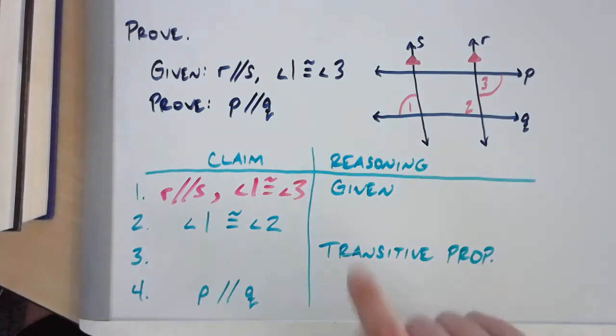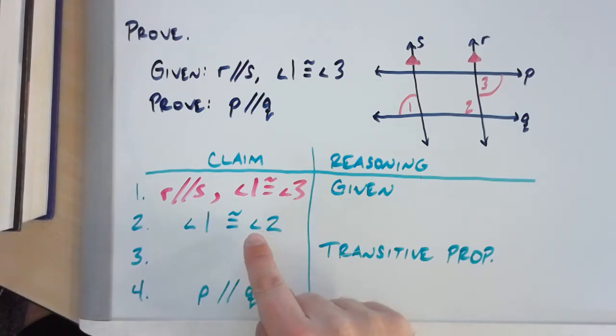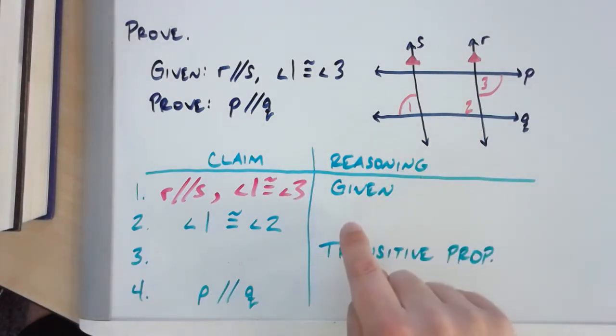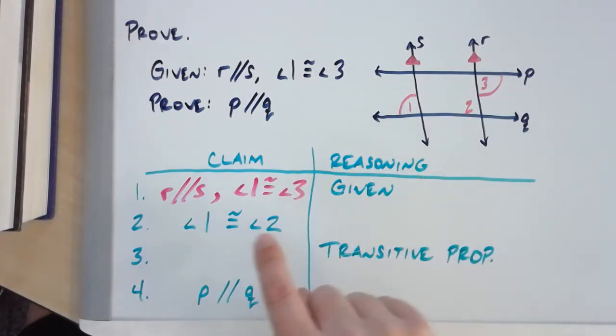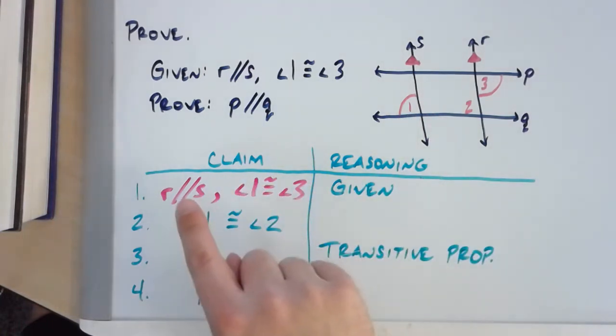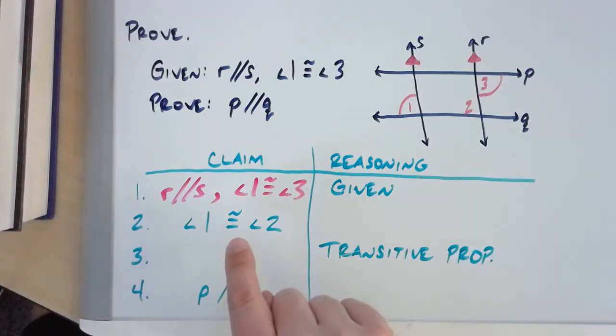Now, with any proof, I'm going to use this claim to build on my next claim. The next claim here is that angle 1 is congruent to angle 2. Our job is to come up with why. What reason makes this true? We're going to use one of these 2 pieces of information to make this claim.